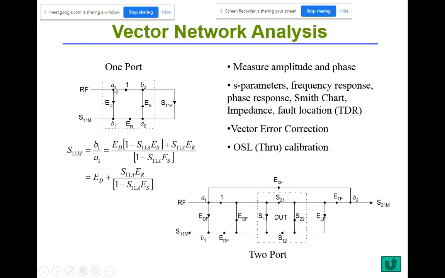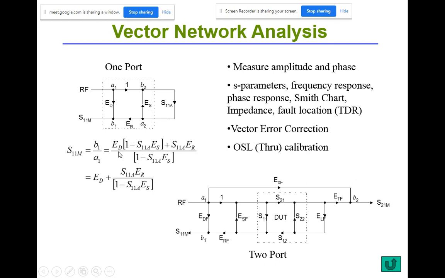Then there is a second path, from A1 to B2, and then back to A2, back to B1. So the loop gain is 1 times S11A times ER, so S11A times ER. That's the second part.